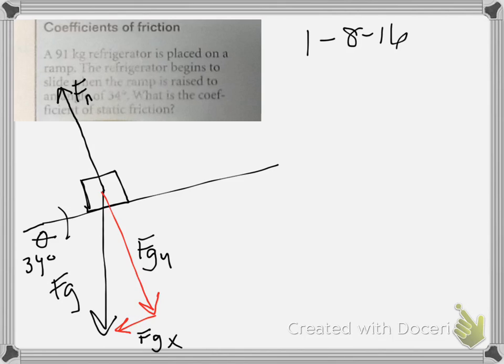Where is the force of static friction? I'll give you two options. Is this the force of static friction, or is that the force of static friction? Up the ramp or down the ramp? Up the ramp. Force of static friction is up the ramp. Why?